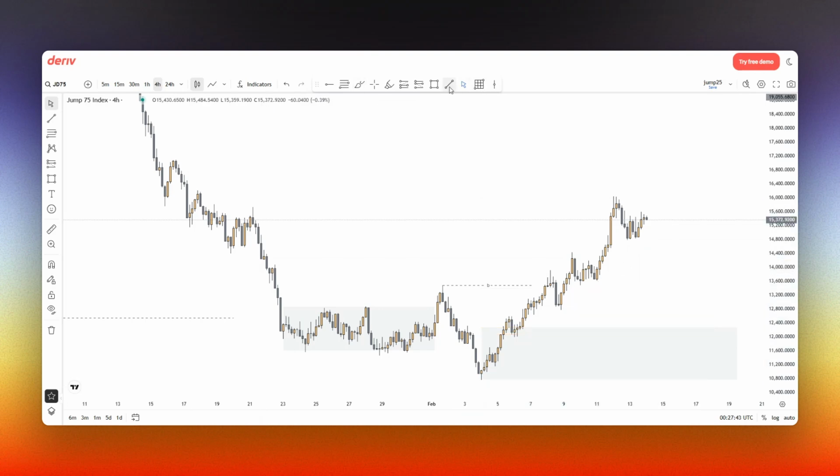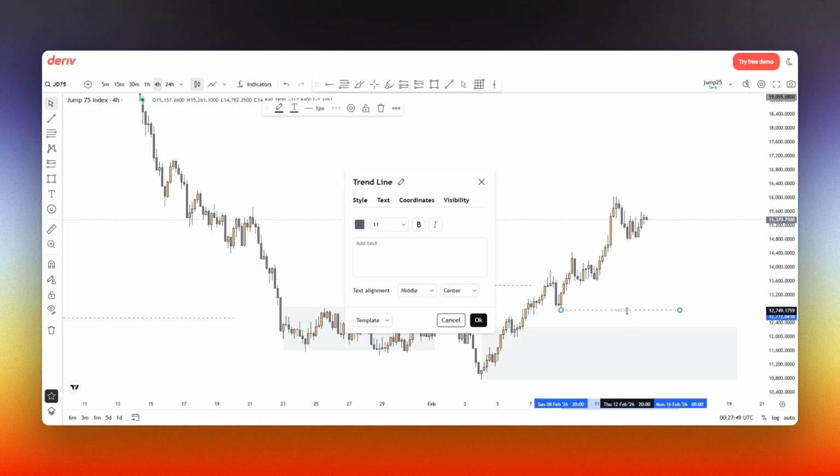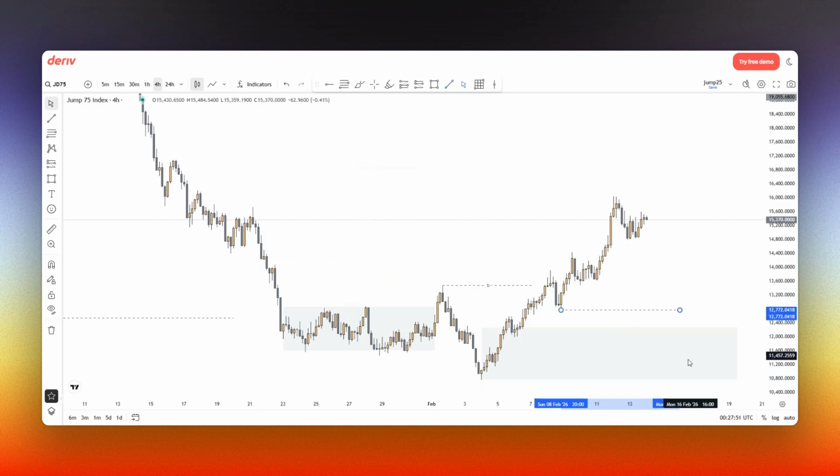Also take this into consideration, that low. Let me do this. Yeah. But as I know that I'm trading supply and demand, I'll be looking for my demand zones because it will be a key.